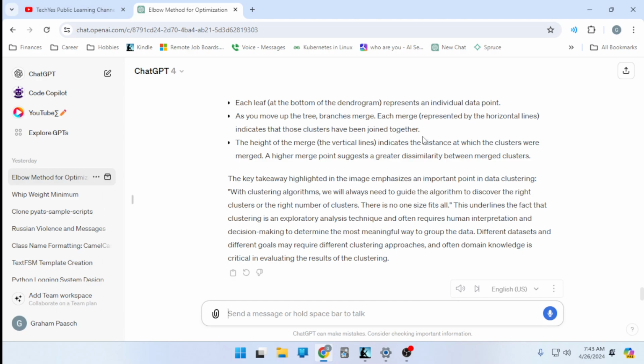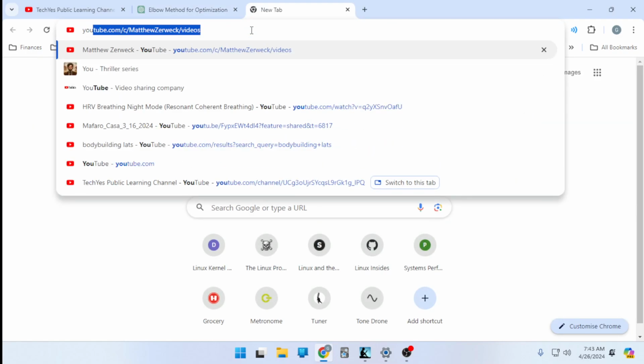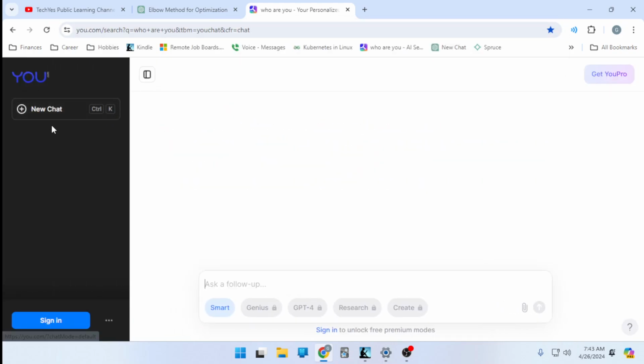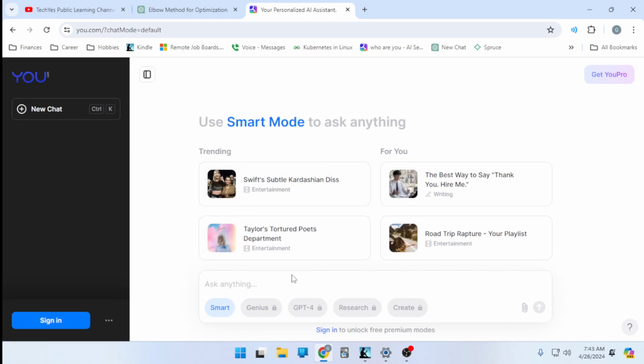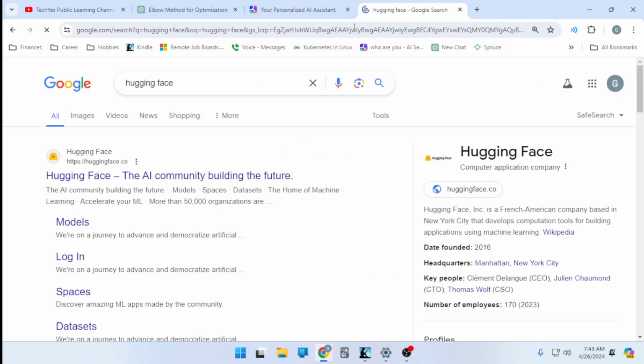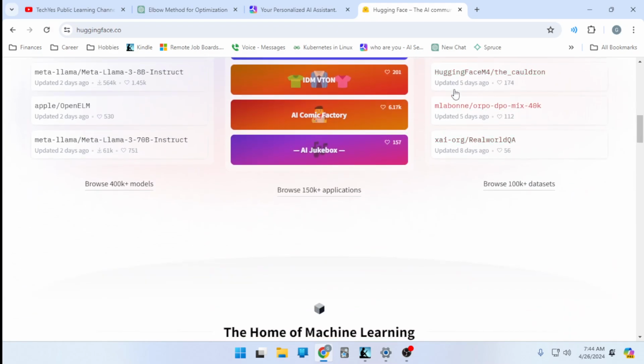So people who are comfortable using ChatGPT, people who are able to put in that $20 a month for ChatGPT 4, or who have found a different AI that they like the results better. You.com is the one I historically used on this channel a lot. I was really happy with that. There's a bunch of other ones. I think Hugging Face is a big AI company, so I think they would have some good offerings there as well.